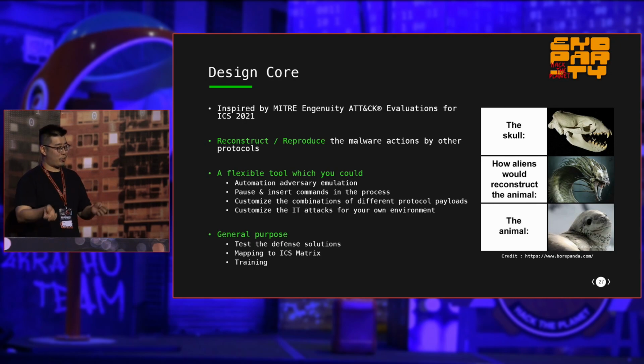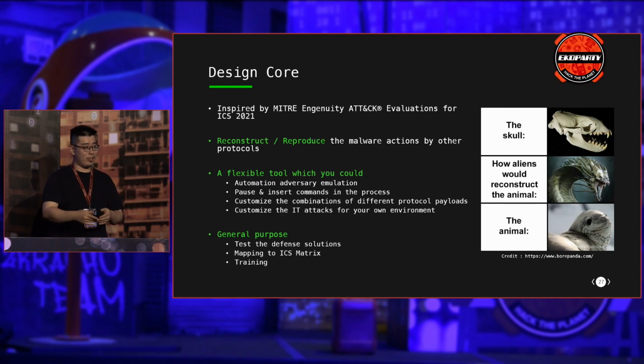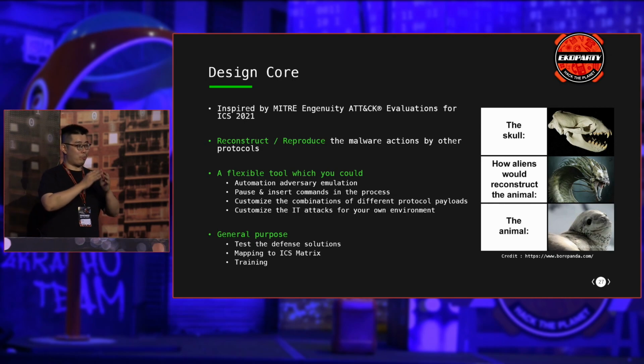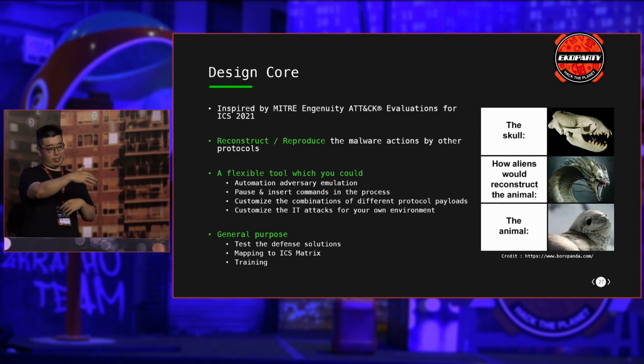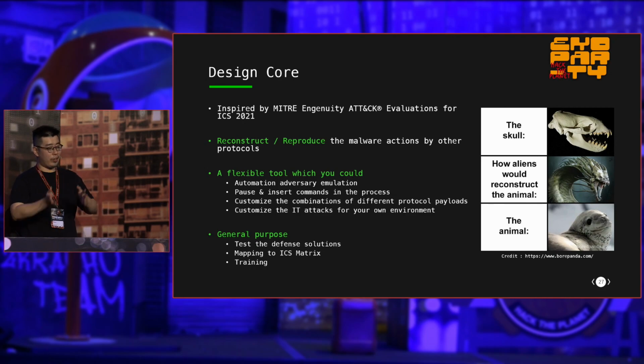It's super strange, especially for ICS, because it's harder to debug since it's running bytes or something. So we try to break one big step, one whole payload, into several small steps, and then you can switch the orders by yourself, and also you can customize the commands by yourself.